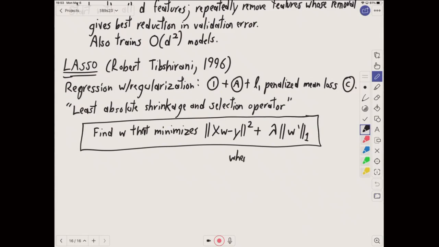And if you've forgotten what the L1 norm of a vector is, it is the sum of the absolute values of each of the components. And once again, I usually do not recommend penalizing alpha, the bias term. So I left that out. But you can if you want to.